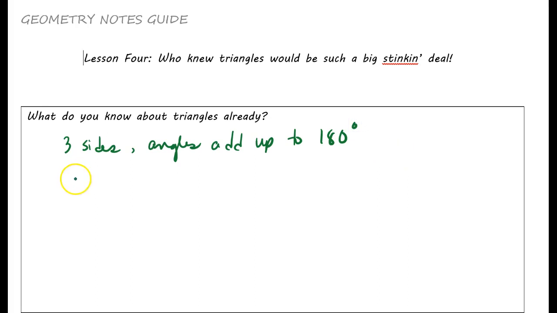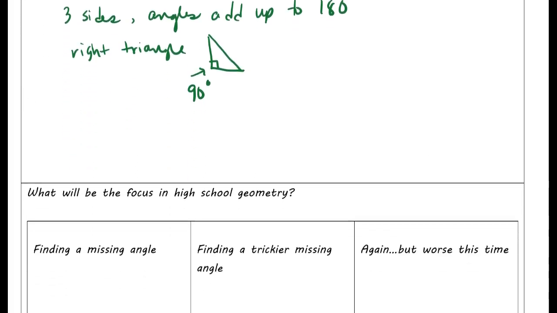Some people remember that a right triangle is a triangle that has a right angle, which means a 90-degree angle. So a lot of people remember that. Some people remember things like isosceles or equilateral, obtuse, acute. Okay, if you remembered all that, that is awesome. If you don't, this video will go over it, so don't worry about that. So not sure what you put here, but let's see if we can cover it and maybe teach you some new things in this video.